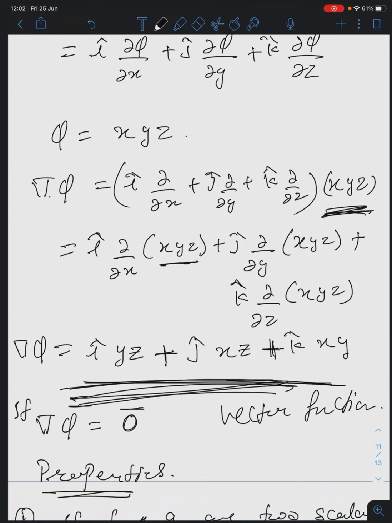Even if I calculate this at some point, say 1, 1, 1, I replace x, y, z with these values, I'll still get i plus j plus k, something nonzero. When will I get zero?